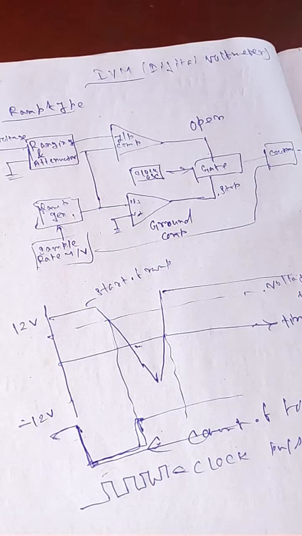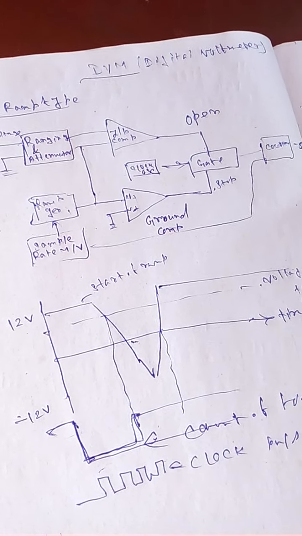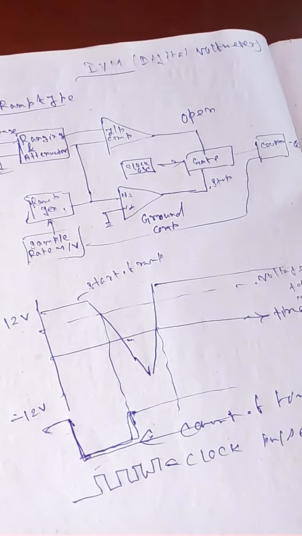The magnitude of the count indicates the input voltage, which is the digital readout.